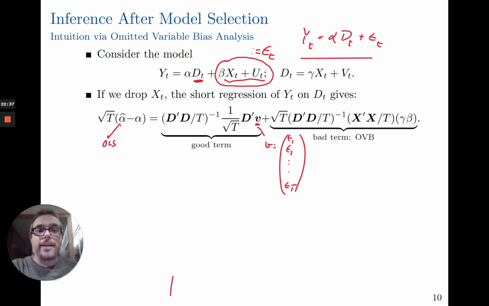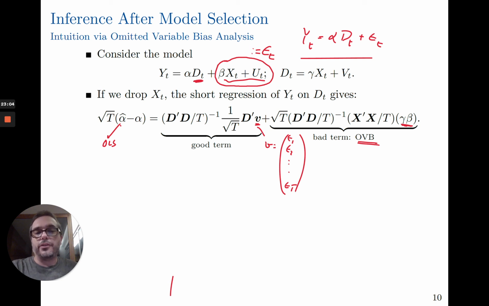And then we have the bad term. What's the bad term? The bad term is the omitted variable bias. Because what will happen here is that this omitted variable bias will be 0 only when this gamma is 0, so d and x are not related, or beta equals 0. And this becomes clear because of this term here. Okay?